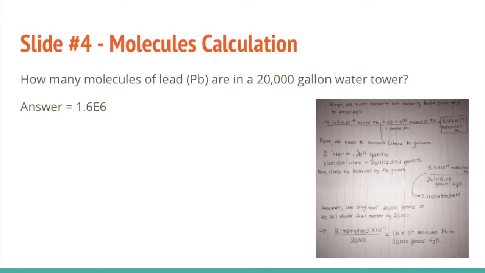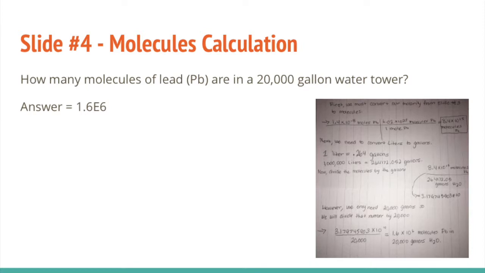Next, we need to convert liters to gallons, and there's 1 liter in 0.26 gallons, and since we're using our concentrations from slide number 3, we are going to use 1 million liters, and in 1 million liters there's 264,172.052 gallons.